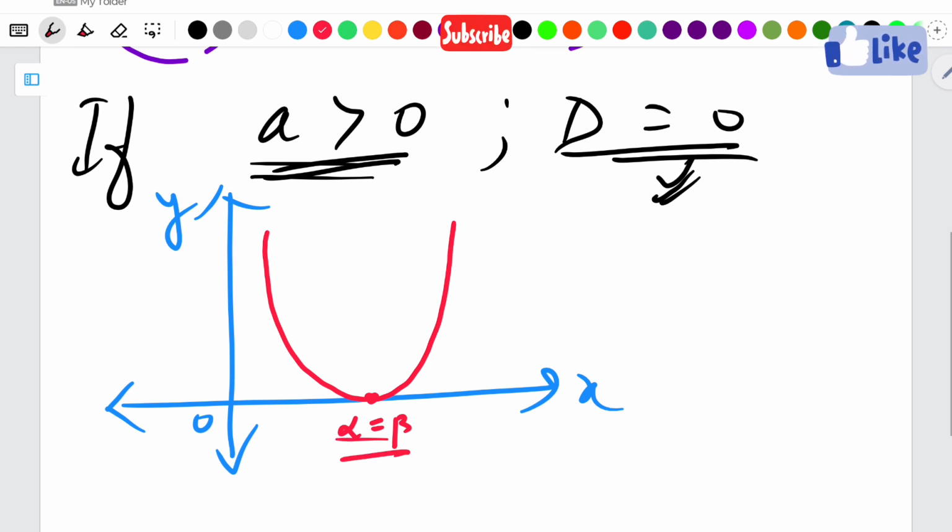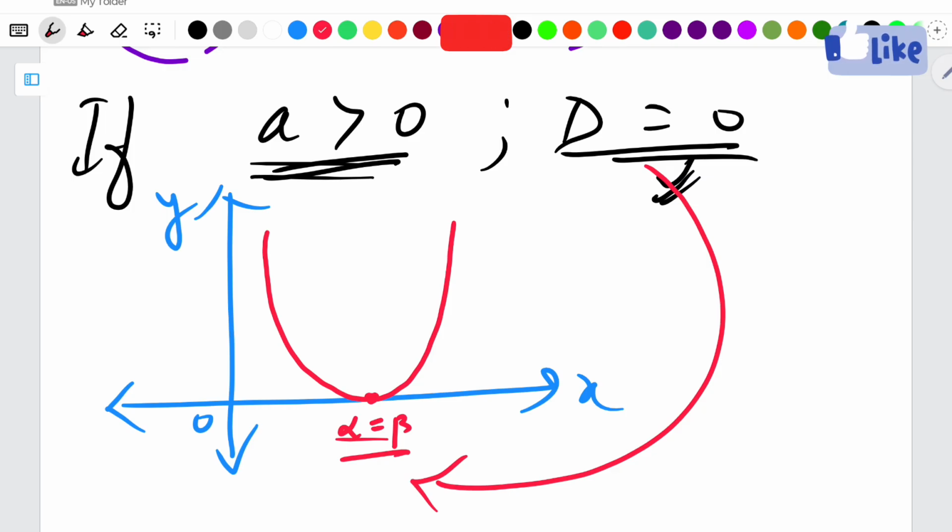Because from D it is revealed that if D is equal to 0, there will be two real roots which are equal. So how can these roots be equal to each other? If both the points coincide with a point, that means alpha and beta will be equal to each other. That's why the curve will touch at a point on the x-axis.